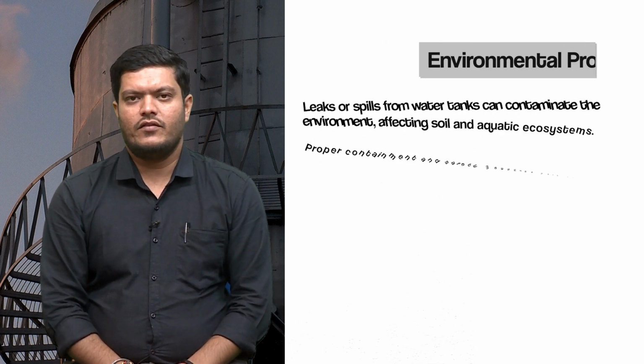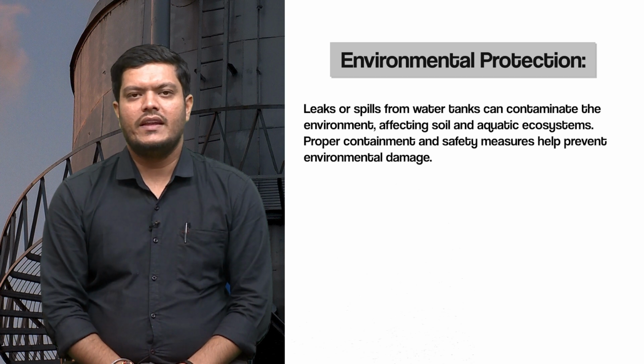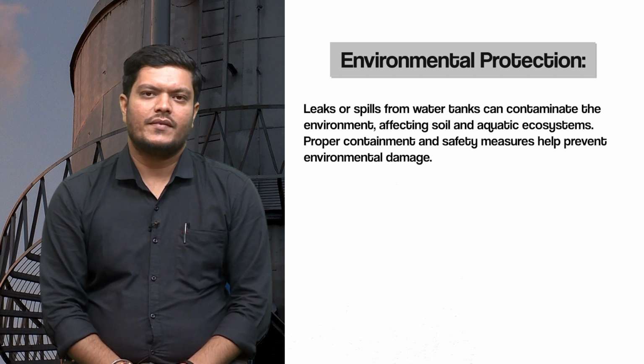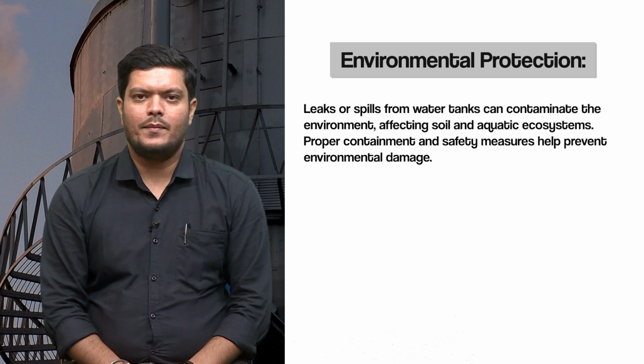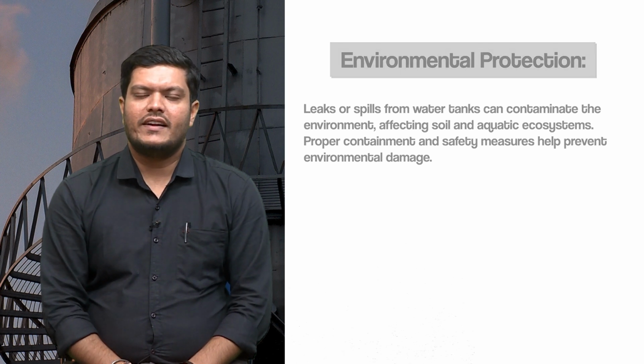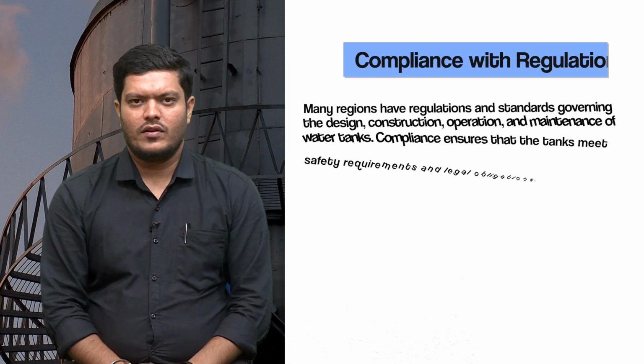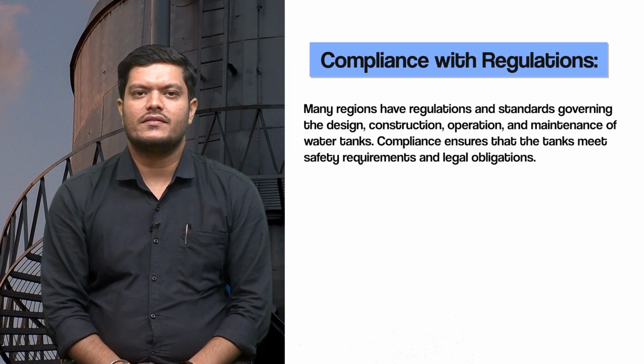Now, environmental protection. Leaks or spills from water tanks can contaminate the environment, affecting soil and aquatic ecosystems. Proper containment and safety measures help prevent environmental damage. Now, compliance with regulations.